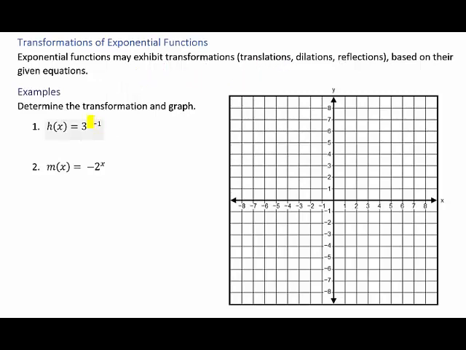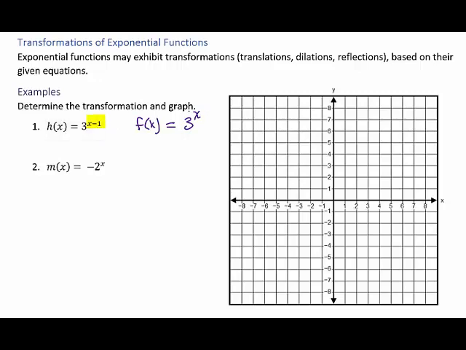So we first recognize what type of transformation occurs. If it has addition or subtraction, we're going to think there's a translation. And so on number 1, it looks like there's a translation of the graph. Depending where the -1 occurs, this is going to be a horizontal or a vertical shift. So why don't we compare this to f of x, which is 3 to the x.